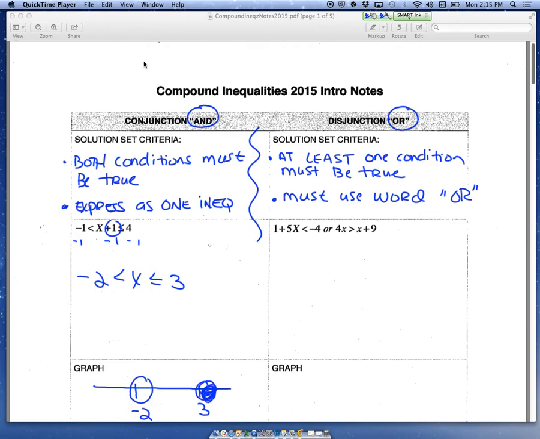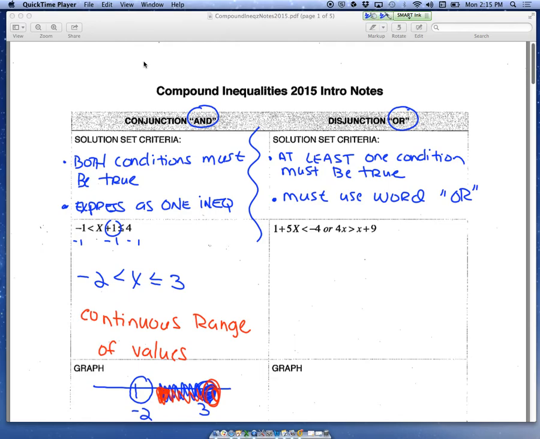My solution set is the range of values between the two boundary points. So my solution set here is a continuous range of values. So it's the range of values between, but not including, -2, up to and including 3.